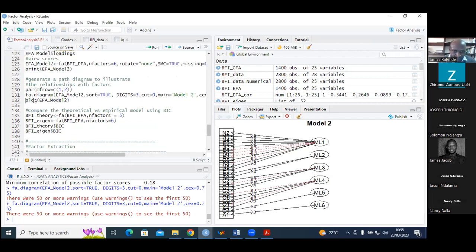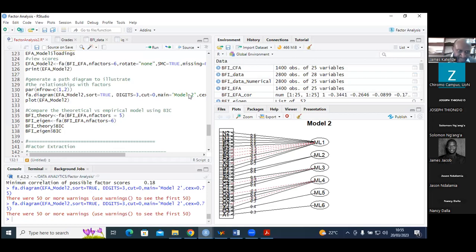oh, there's a comma missing here. So now the assignment is a little improved, or it should be. Something is not working here.